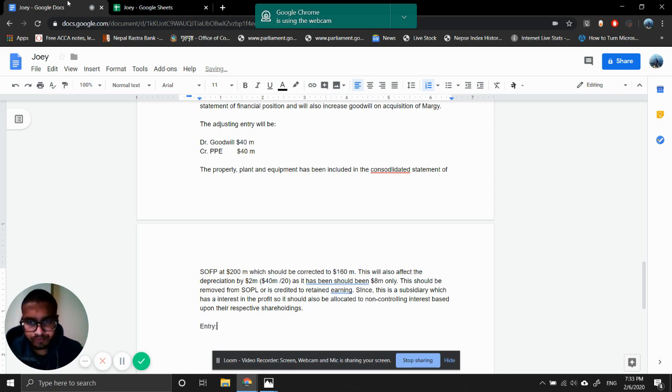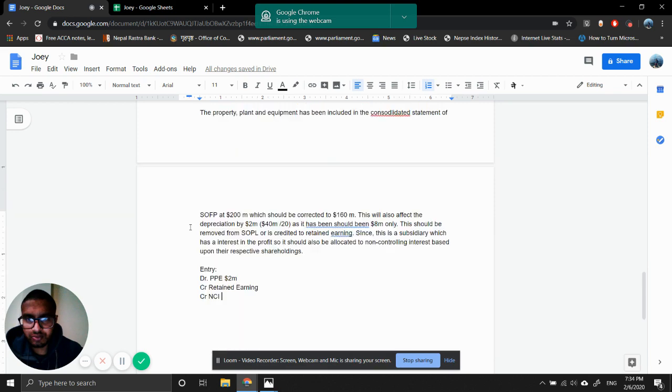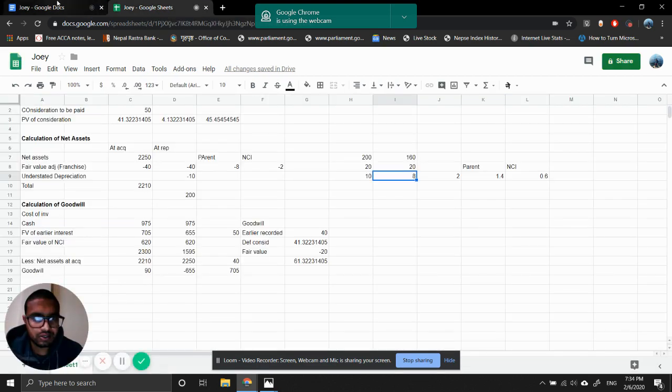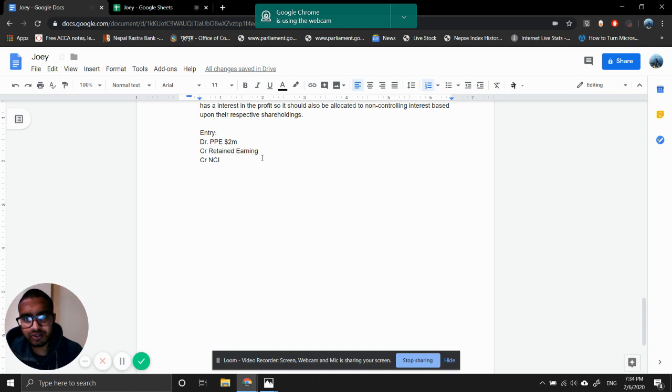Entry will be debit. What will happen? PPE will increase, right? PPE will increase by 2 million. Credit retained earning. Credit NCI 0.4 and 1.6, isn't it? 1.4 and 0.6. Okay. 1.4 and 0.6.